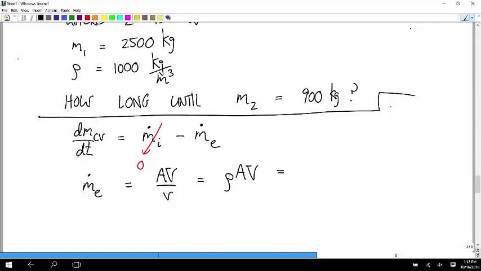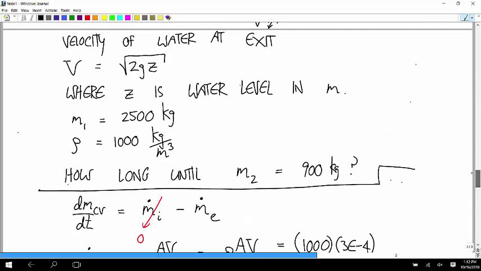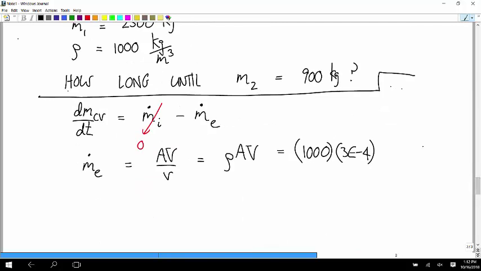And so that is equal to 1,000 times the cross-sectional area of 3 times 10 to the minus 4th times V, which we're given in terms of Z, the square root of 2 times G times Z.